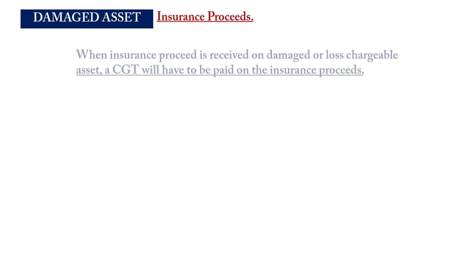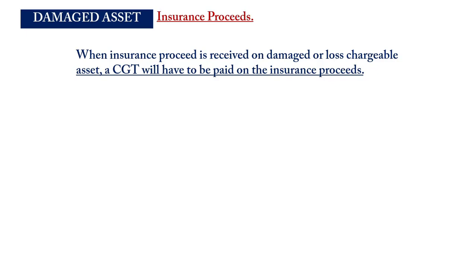Now, when the asset is damaged or lost or destroyed, and the asset was insured, the insurance company is paying them for their loss or the asset being damaged. In this situation, you are not going to make the negligible value claim. You are going to treat the insurance proceeds as a disposal, as sales proceeds.